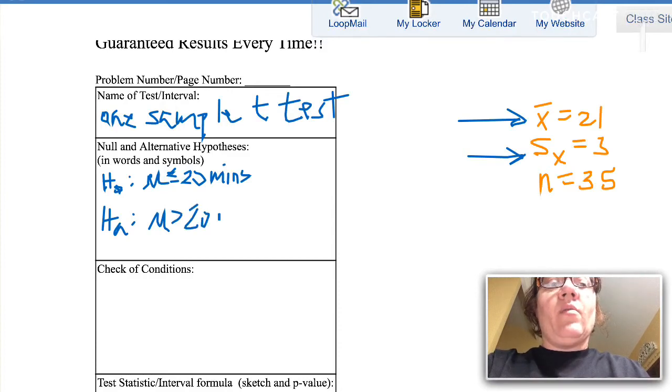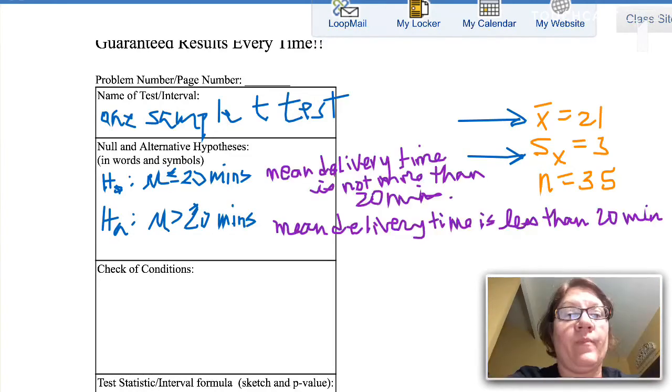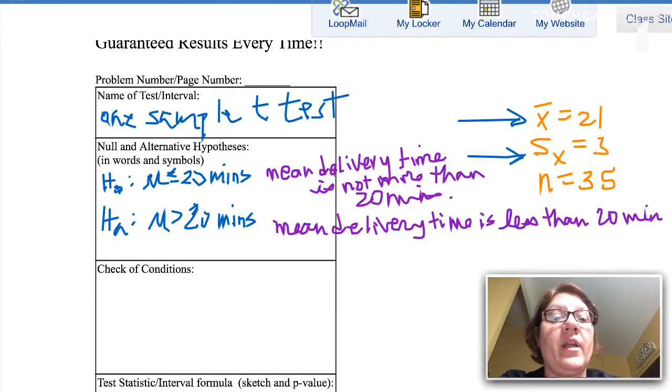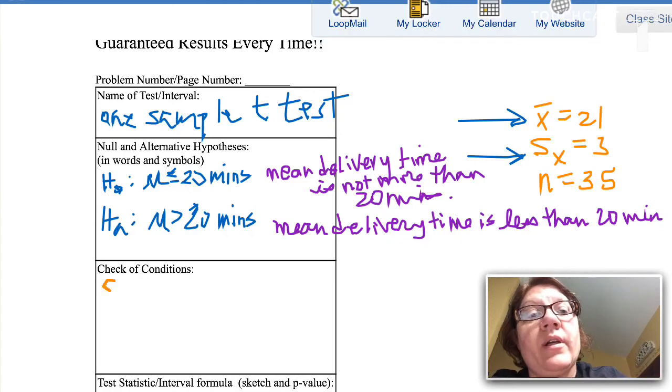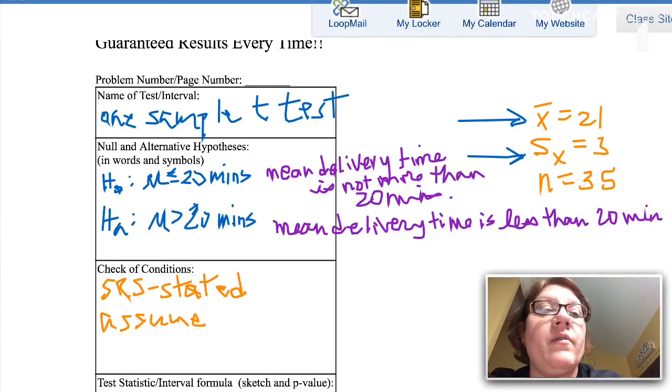And so now I'm going to add the words to that, because you have to have it in symbols and words. So there's my words. And now I have to check conditions, but we had already circled that it was an SRS, so we can put SRS stated, and we're going to assume that the population, in this case of all pizza deliveries, is greater than or equal to 10 times 35.